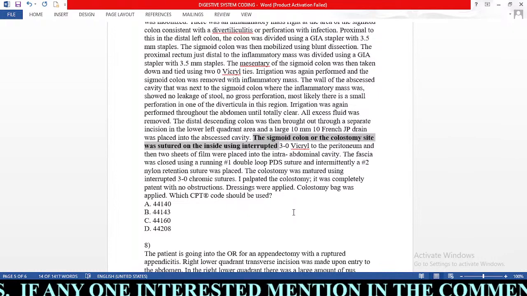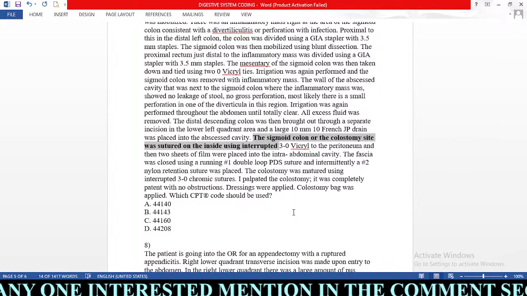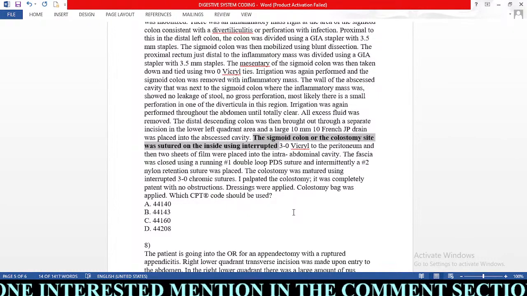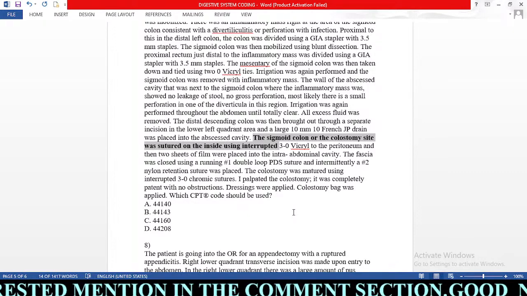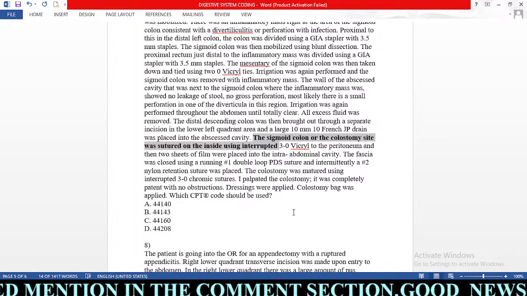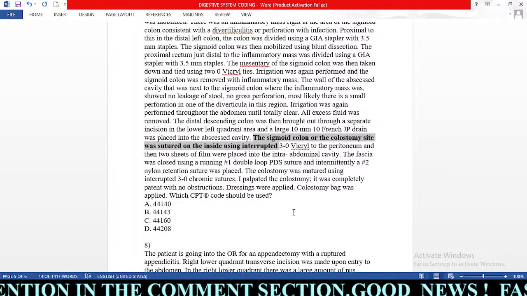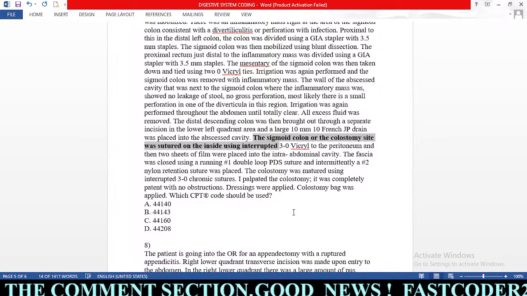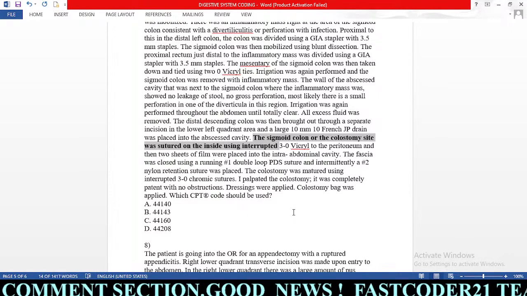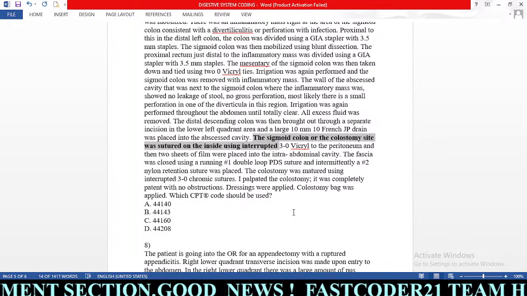So what is 44140? Colectomy, partial with anastomosis, which is not performed here. Basically here the physician has created a colostomy, not a colectomy. So 44140 is also wrong.